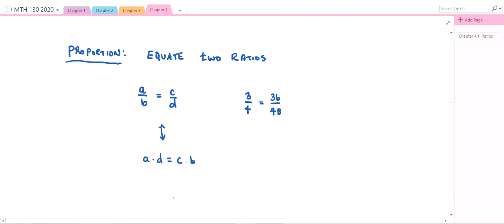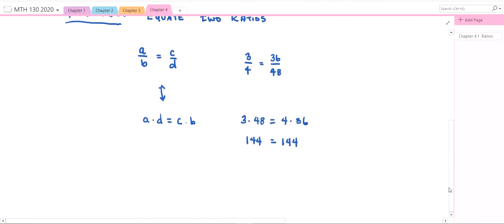And we can use this to help us solve for issues. For example, if I did 3 times 48, in order for this to be true, this should equal 4 times 36. So 3 times 48, if you do the calculations, is 144, and 4 times 36 is 144. And that, in a nutshell, is section 1.